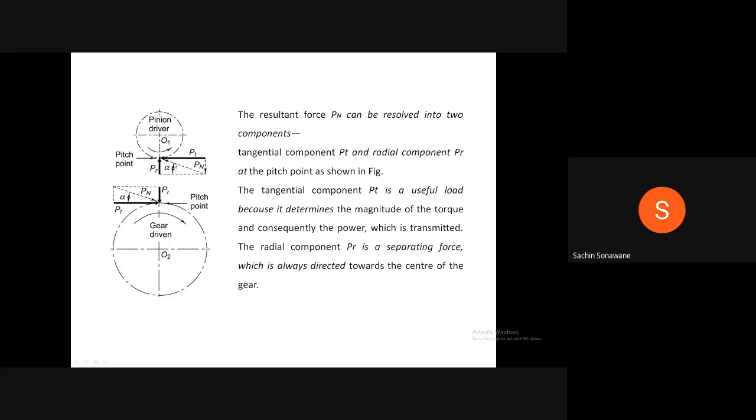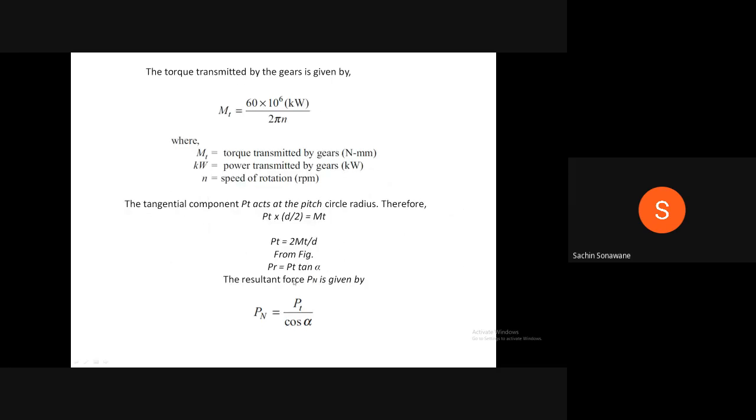From this diagram you can see this is PR and this is PT. Therefore, PR is equal to PT tan alpha.